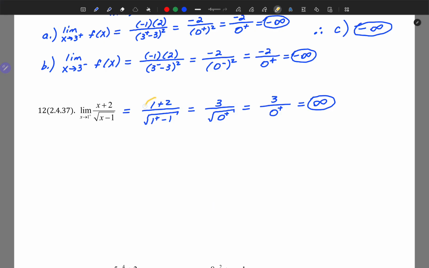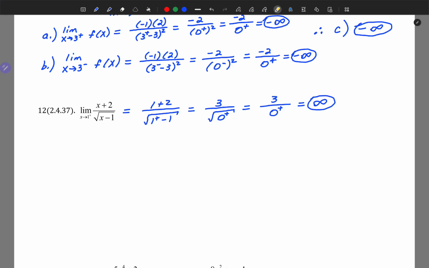That's what I did in the numerator. I have 1 plus 2. That's going to give me a 3 up there. No problem with that. In the denominator, I can't simply just plug in a 1, because that would give me the square root of 0, which is going to give me a 0 in the denominator, and I can't divide by 0. This function's undefined at 1, but the limit probably exists as I approach 1 from the right.